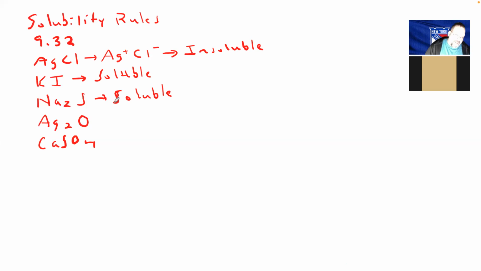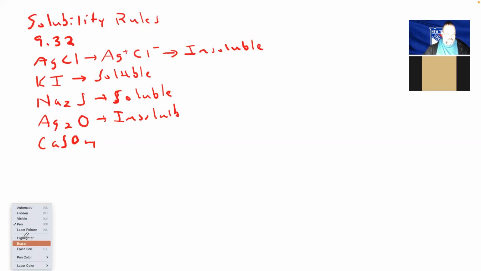Silver 1 oxide here. Now here, I have the silver with chlorine, bromine, and iodine with the exceptions. But in essence, I don't really have anything else about silver, and I don't have anything about oxides. So since neither one of these ions are really talked about in the chart, I would suspect this compound to be insoluble in water.